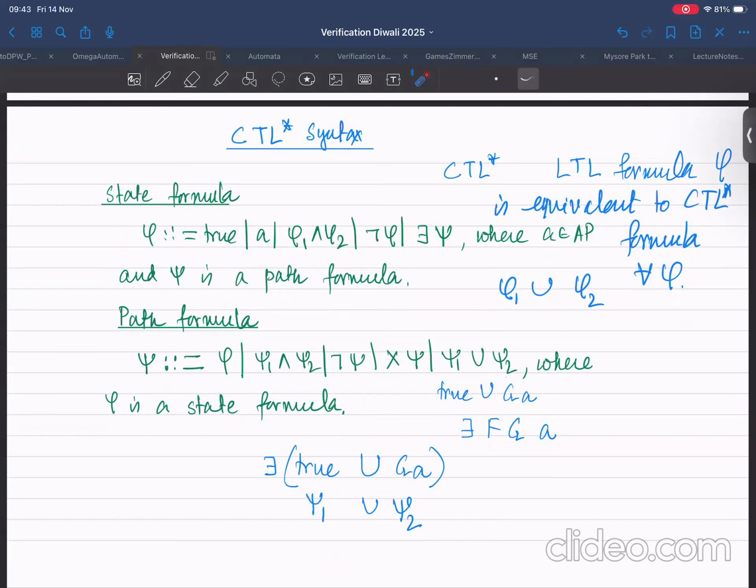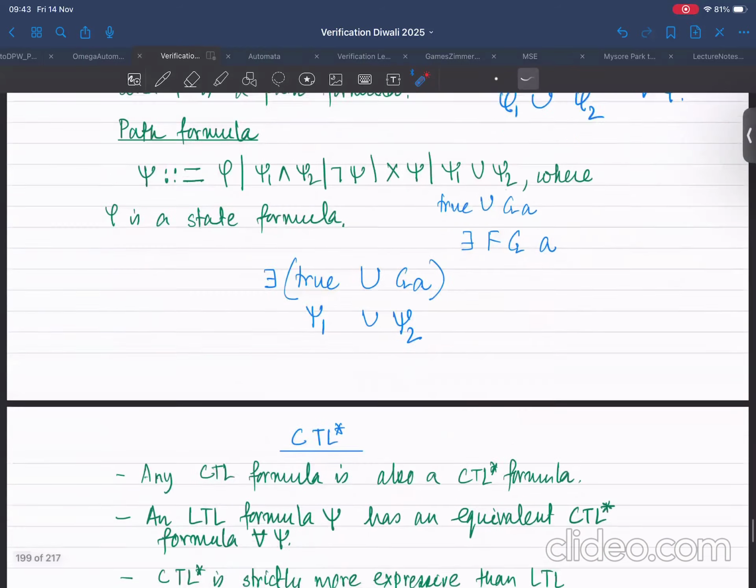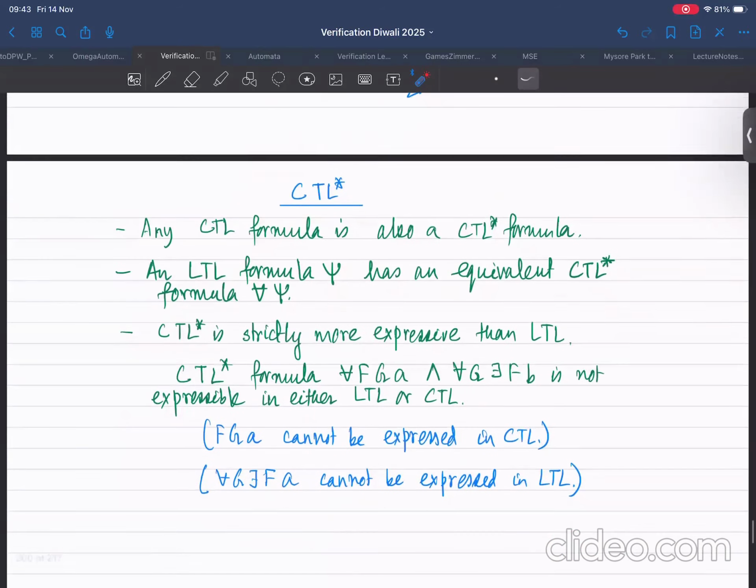Any CTL formula is also a CTL star formula, and any LTL formula has an equivalent CTL star formula of the form "for all paths" followed by the formula. CTL star is strictly more expressive than LTL as well as CTL.